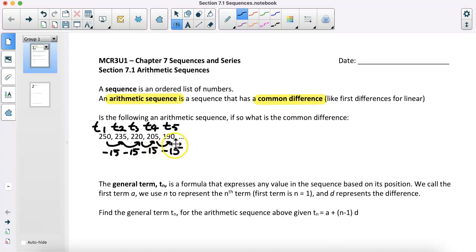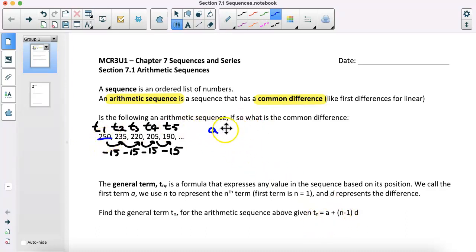So you can see this pattern here, that because we have this common difference, in this case it's negative 15, you could also have plus 15, and that's also perfectly fine. But when there's that addition or subtraction, that's when we have this arithmetic sequence. Okay, it's arithmetic. In this case, we can see that our first term in this sequence is 250. We're going to look at our equation in our next section.